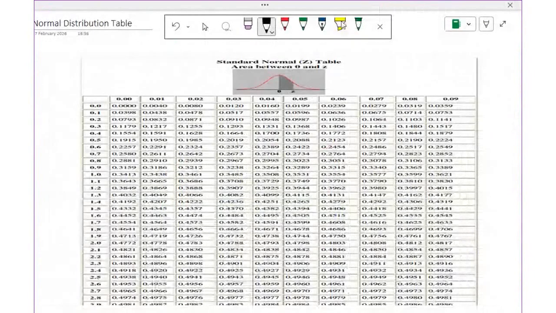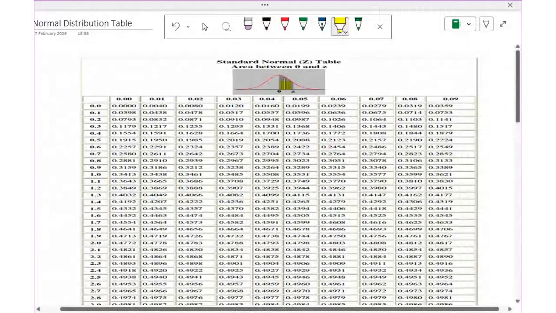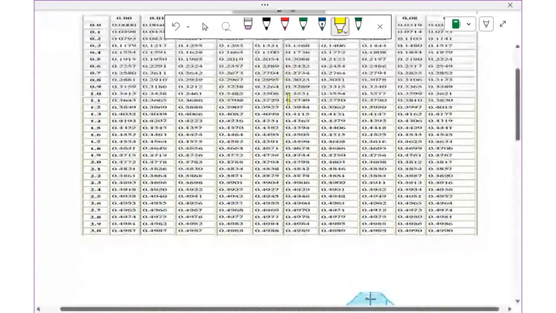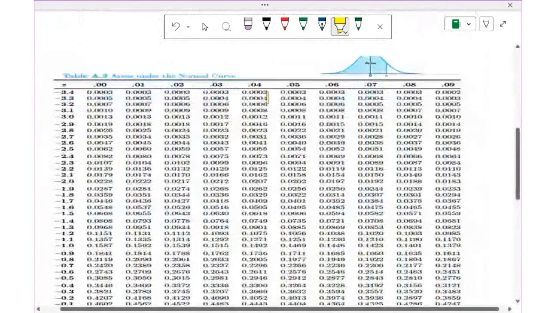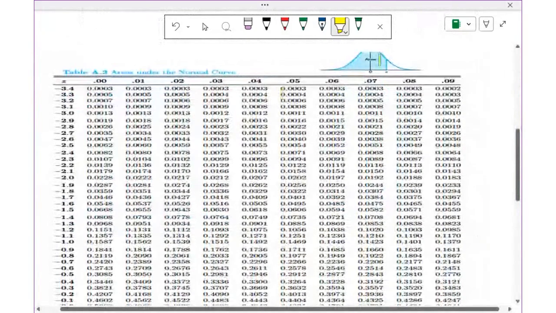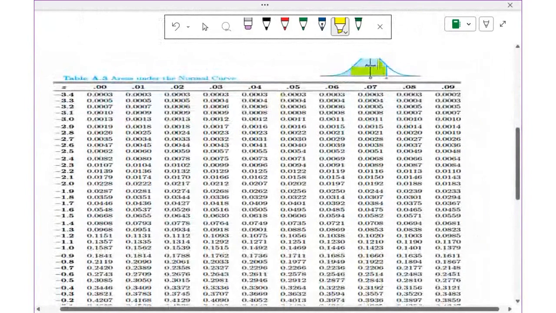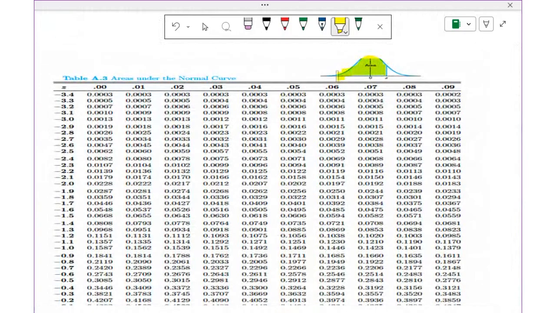In one table, we are given the area from 0 to the right side of the diagram. There is a second type of table also. In this table, we are given the area on the left side of this point. So we can use both tables to solve our question.